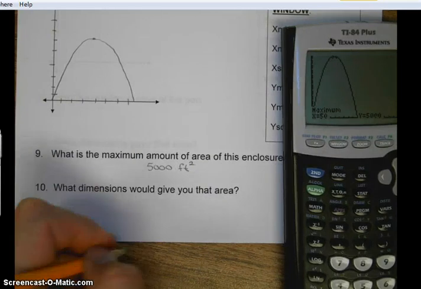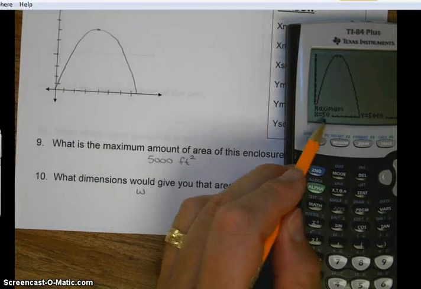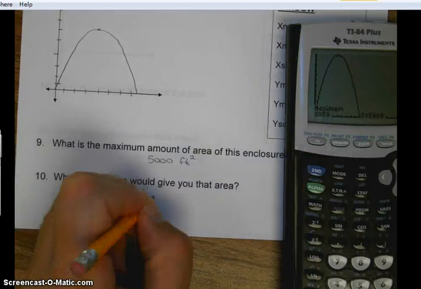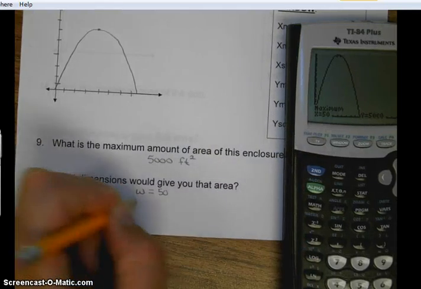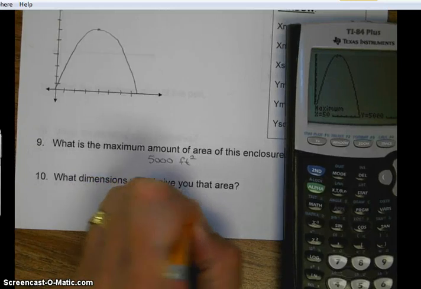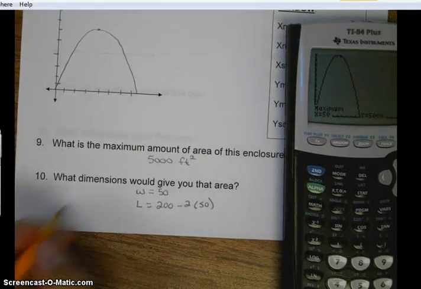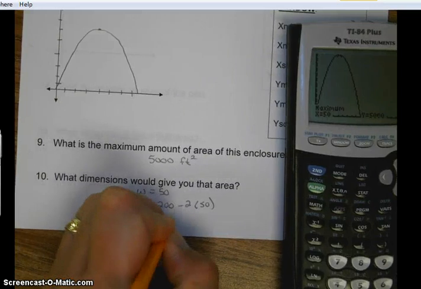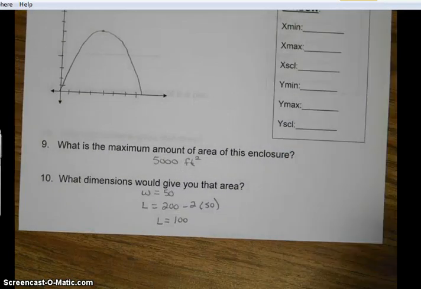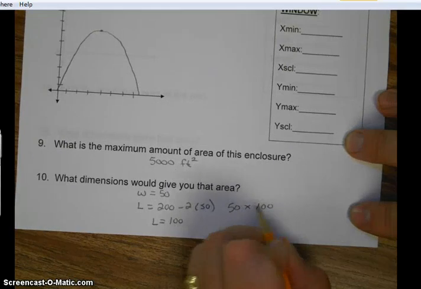And our dimensions, so our width is going to be 50. And then our length is 200 minus 2 times 50. So that's going to be a length of 100 feet. So the dimensions are going to be 50 by 100 feet.